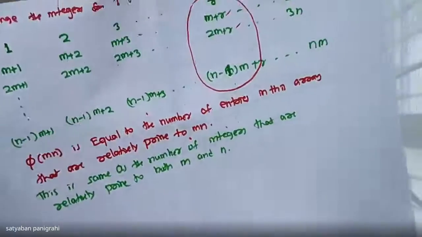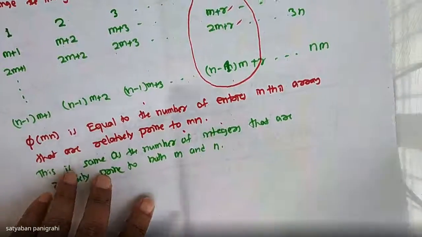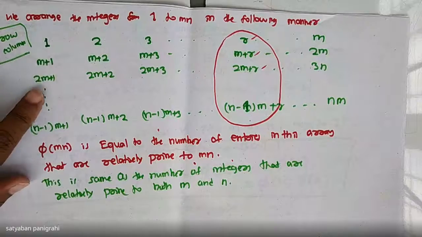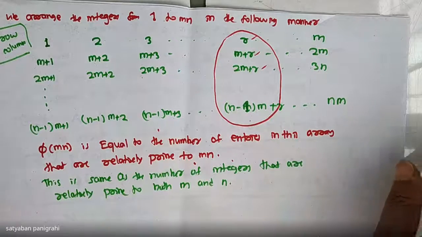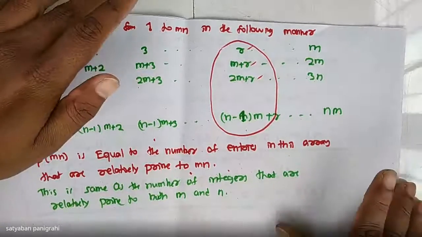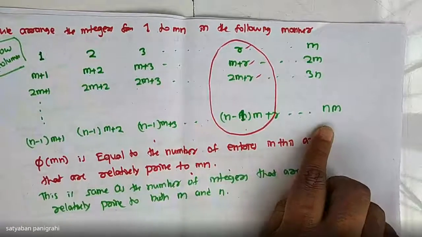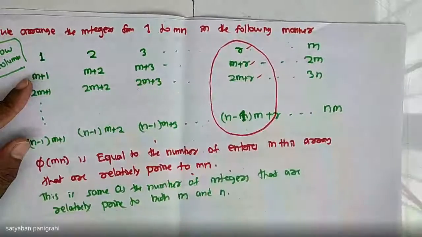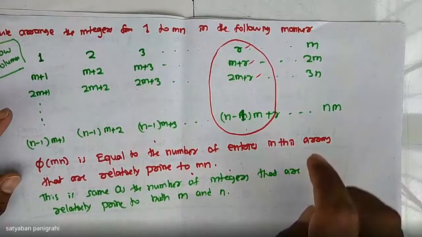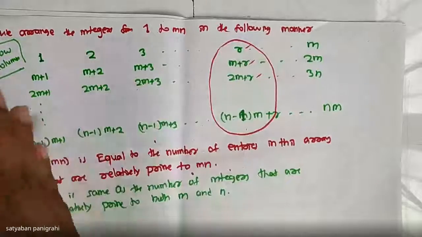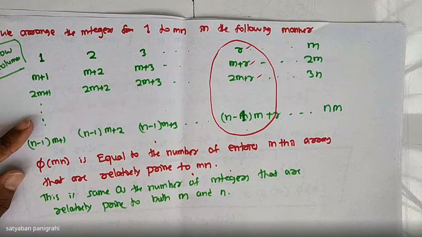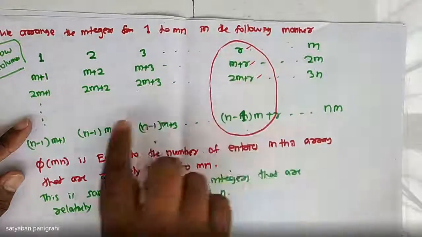Now the key point is this formation of this table, this type of product. Because we want to find how many numbers are relatively prime to mn. So arranging this way, first we are saying that phi m numbers are relatively prime to m for each column, and for each row phi n.